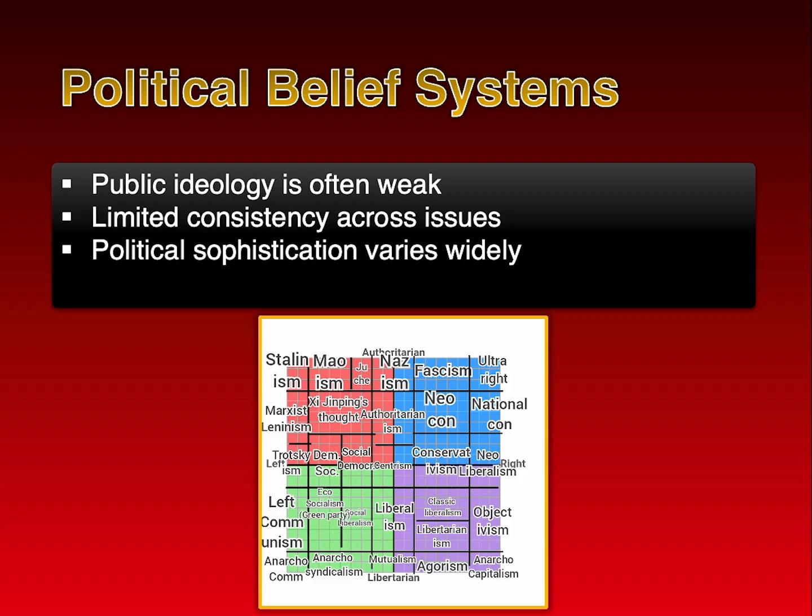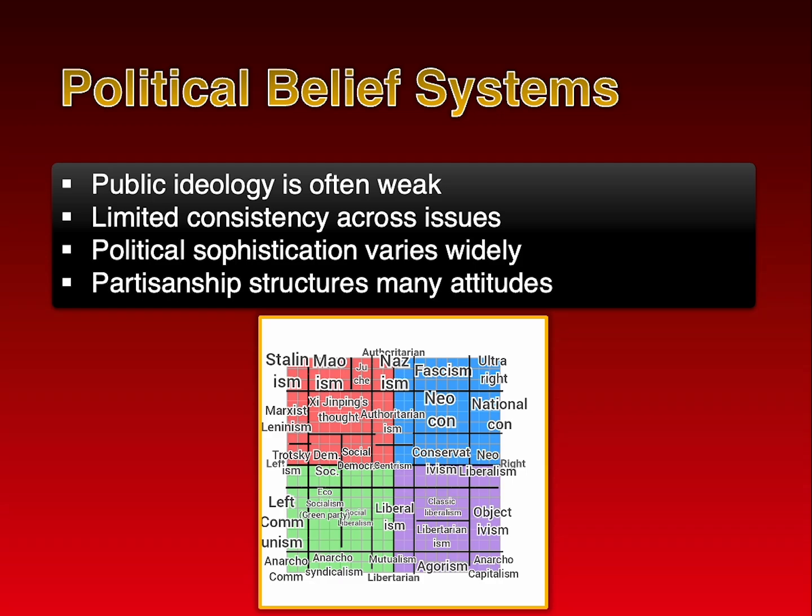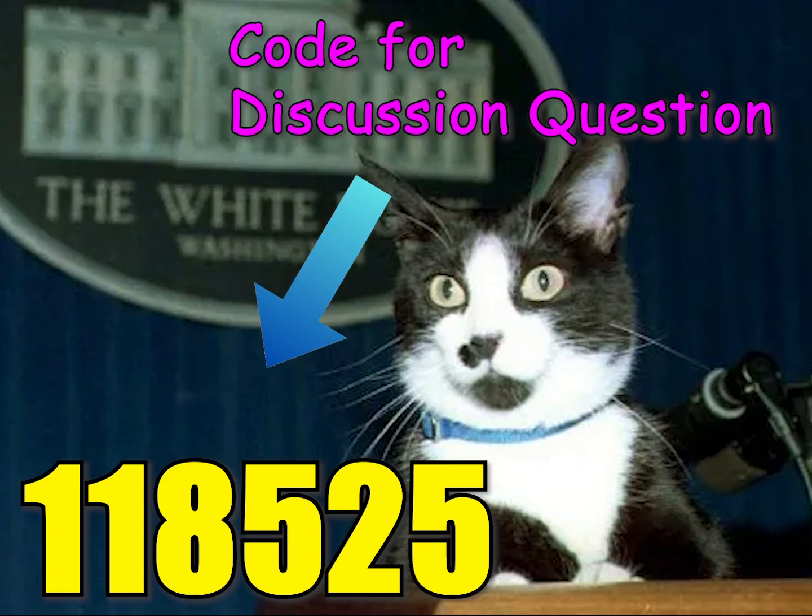Some individuals in our society have structured, informed beliefs, while many others show an intensely low consistency in those beliefs. Increasingly, partisanship serves as the organizing framework, structuring attitudes even among the less informed. We'll get into that later.